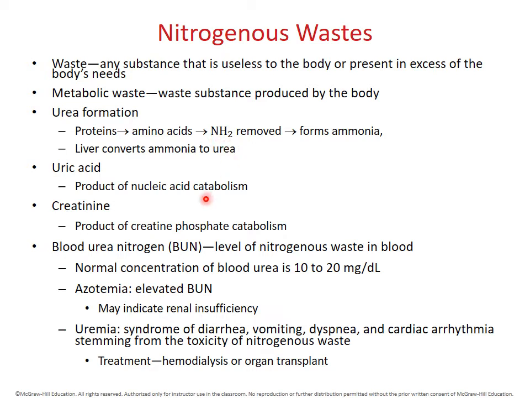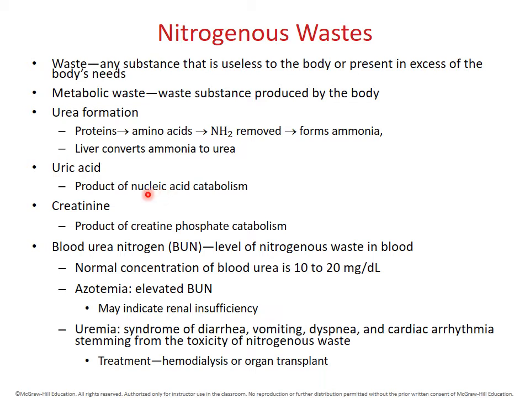There are other types of nitrogenous wastes, actually many other types. The two more common alternate types of nitrogenous waste are uric acid. Uric acid results from nucleic acid catabolism. Remember, nucleic acids consist of a 5-carbon sugar, a phosphate group, and then one of several nitrogenous bases.